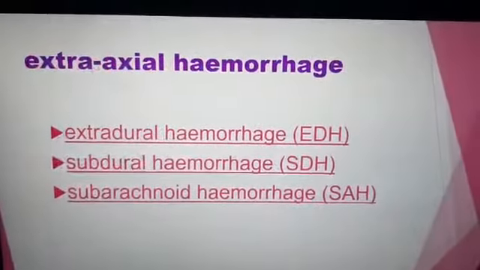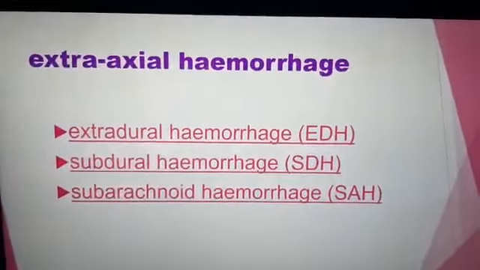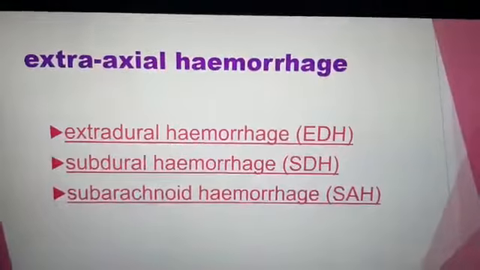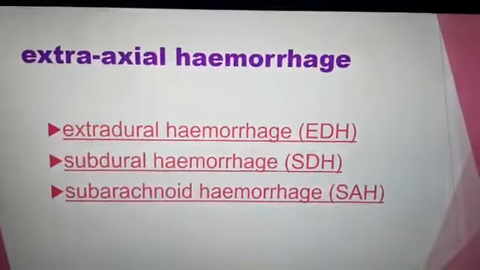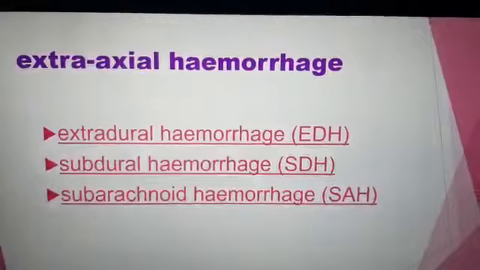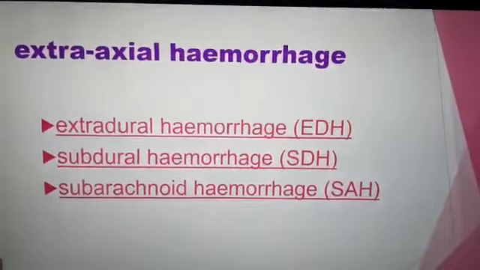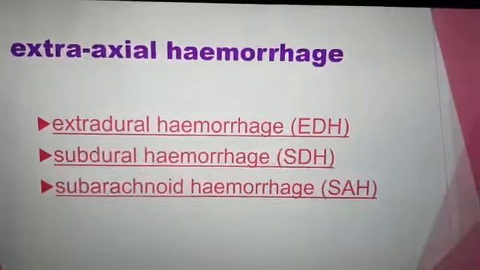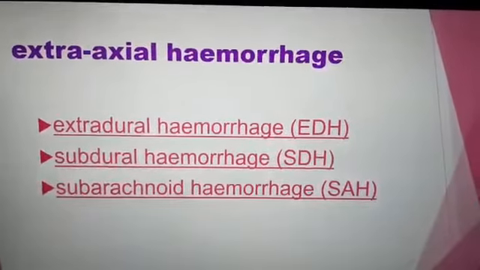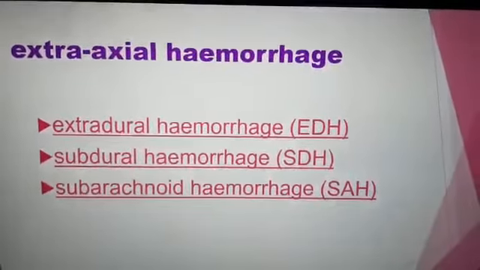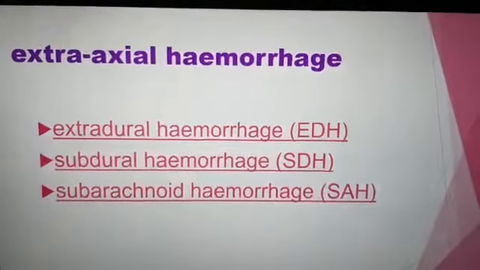We have three types of extraaxial hemorrhage according to location. Extradural hemorrhage, which is hemorrhage occurring outside the dura, between the bone and the dura. Subdural hemorrhage, the hemorrhage located under the dura, in the dural space.